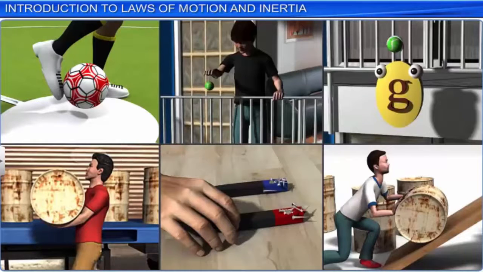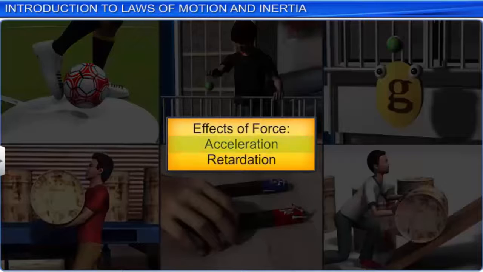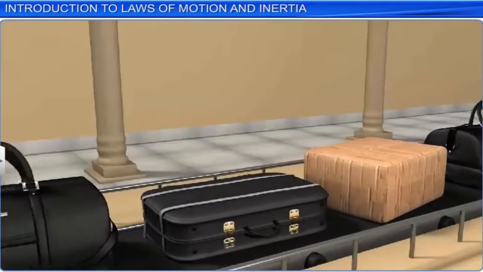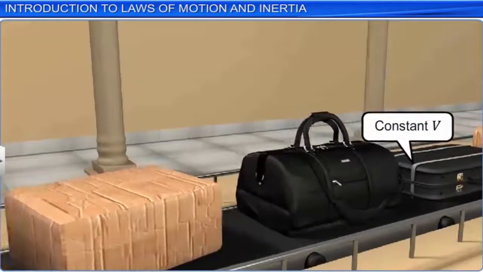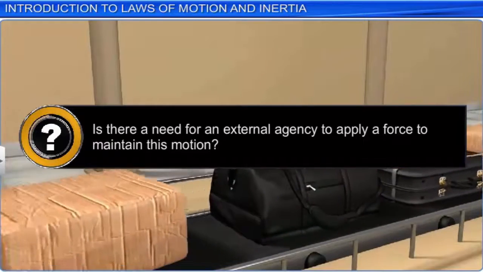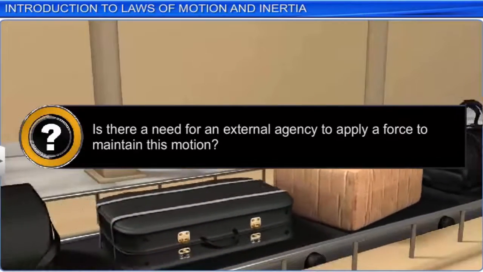Thus, we can say that a force applied by an external agency either accelerates or retards a body. Now consider a body moving with a constant velocity. Is there a need for an external agency to apply a force to maintain this motion? Yes.